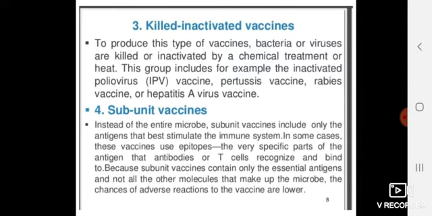Whenever this vaccine is introduced, the T cells, which you know help the immunity, will bind it, and commonly phagocytosis will happen. So whenever the real infection happens next time, this same process will happen. So that is the subunit vaccine.